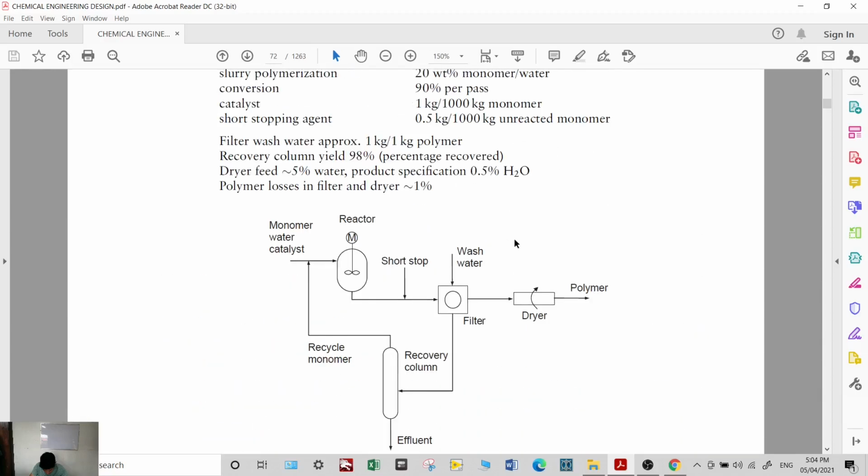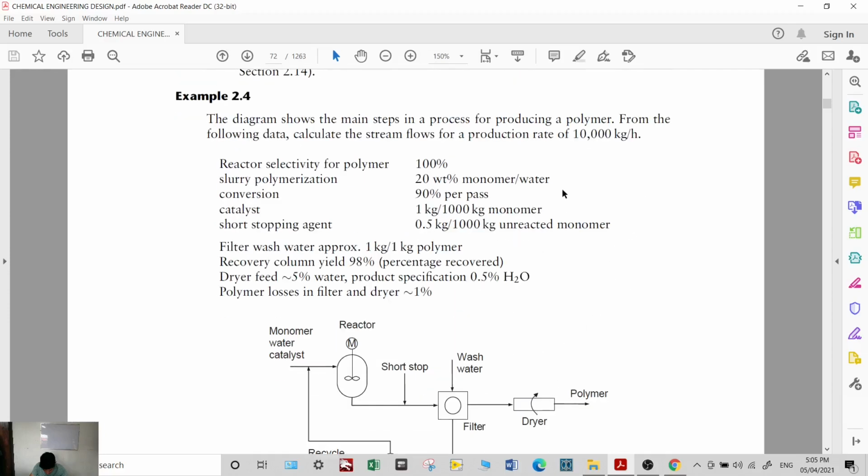Okay, so where do we start? You can start with the product. The product is given here as 10,000 kilograms per hour. So we need to produce 10,000 kilograms per hour. So the question is, how much monomer do we feed to the reactor? How much water do we feed to the reactor? How much catalyst to produce 10,000 kilograms?